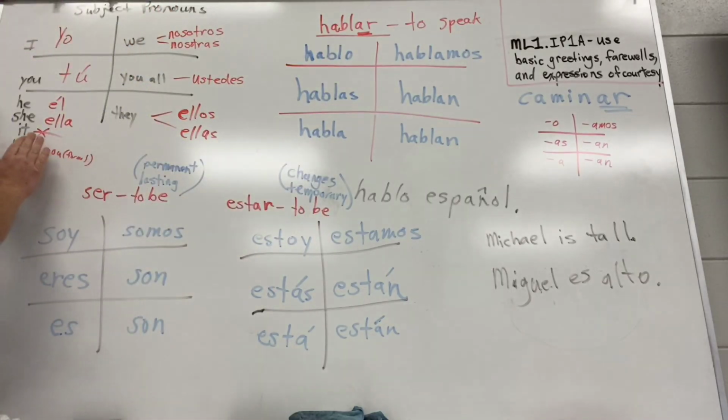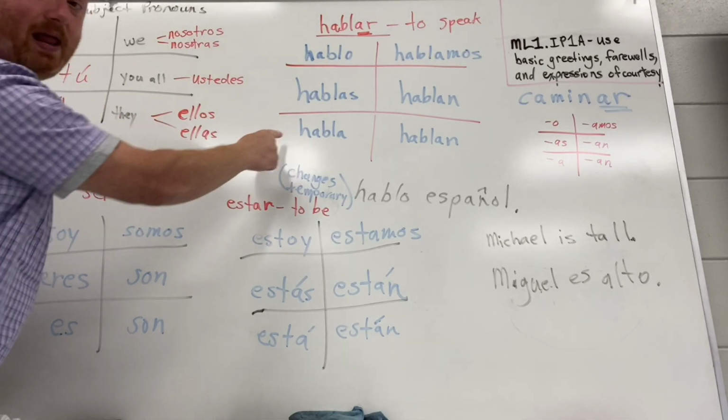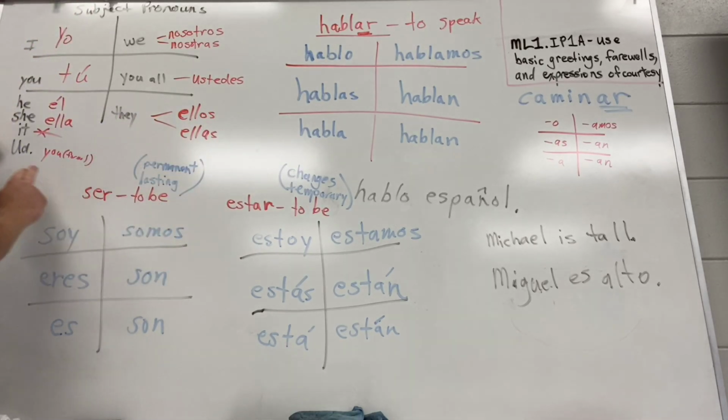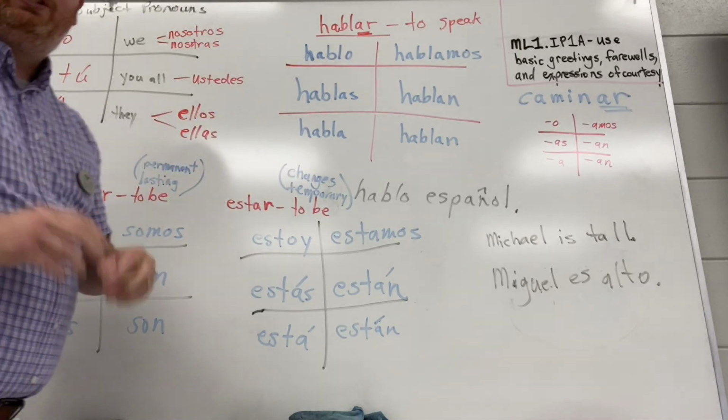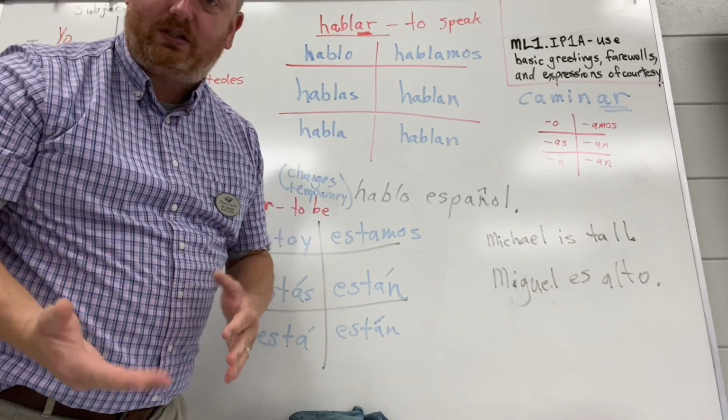Now, if we look back at the pronouns over here, we see that we have three options. We have he, she, or usted. So I could say, él habla, he speaks, or she, ella habla, she speaks, or I could say, usted habla, usted speaks, you formal speaks.